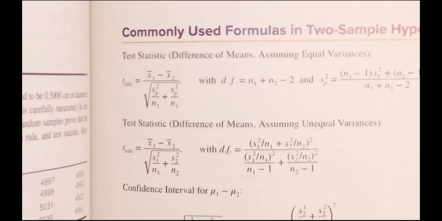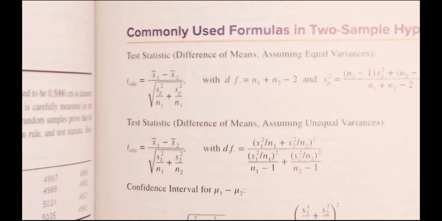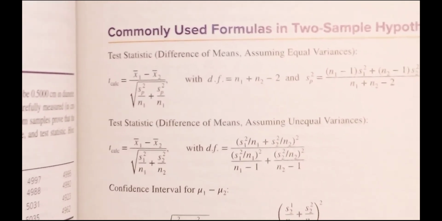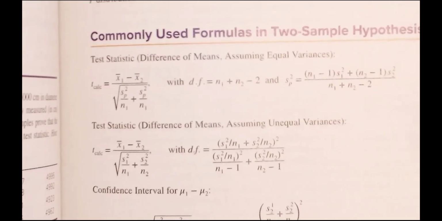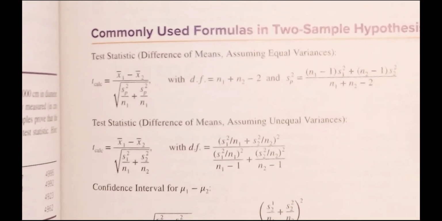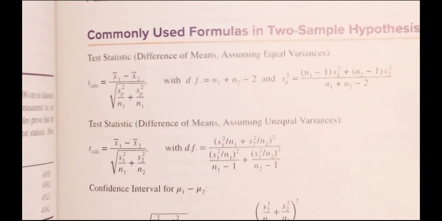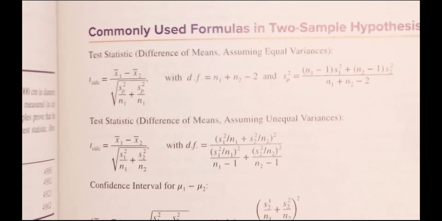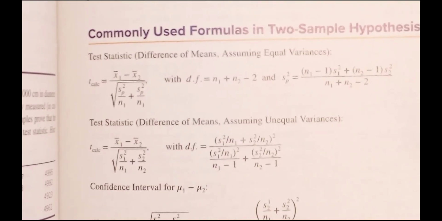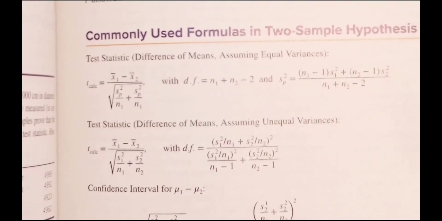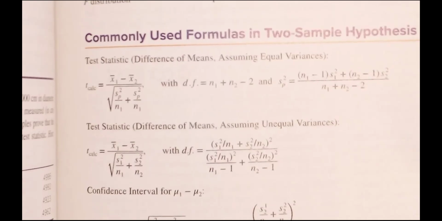The top one assumes we've pooled the variance. The bottom one assumes we didn't. In the top one, we have a big, ugly calculation for the pooled variance. In the bottom one, we have a big, ugly calculation for degrees of freedom. But those are two sample. That's why there's x1 bar minus x2 bar.